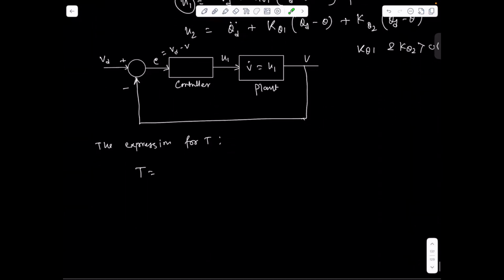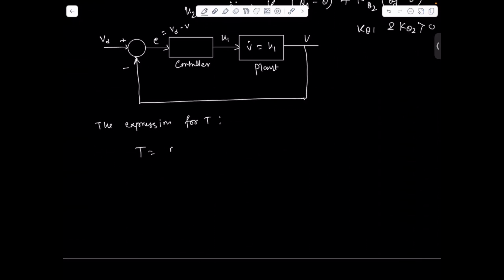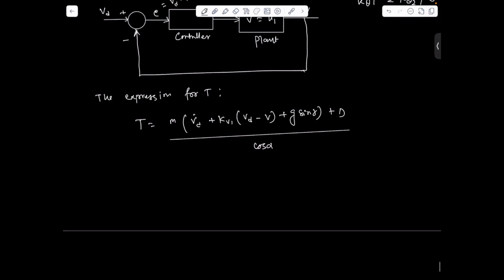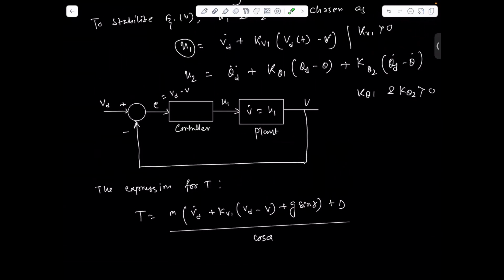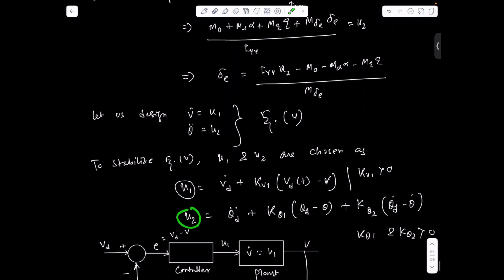So we can write T equal to V d dot plus k v1 times V d minus V, plus G sine gamma plus D, divided by cos alpha. And similarly, the expression for U2 we can substitute here.